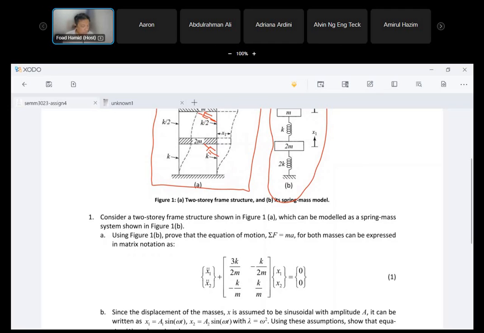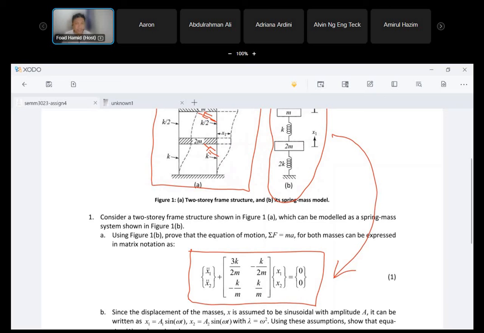So consider a two-story frame structure shown in figure 1A, which can be modeled as a spring mass system shown in figure 1B, which is this one. Using figure 1B, prove that the equation of motion for both masses can be expressed in matrix notation as this. From this figure, it becomes this.